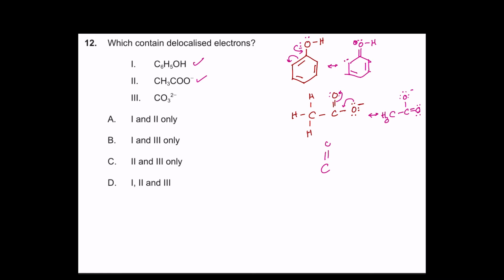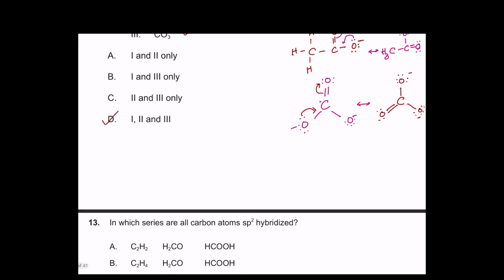For the third one, the structure looks like this. Even here, the electrons are delocalized because you can check there can be a movement of these electrons with these double bonds. So option D is the correct answer. 1, 2, 3, all of them have delocalized electrons.